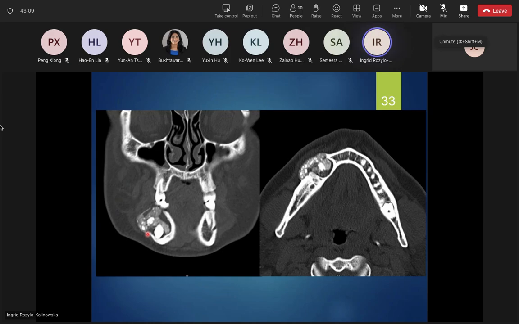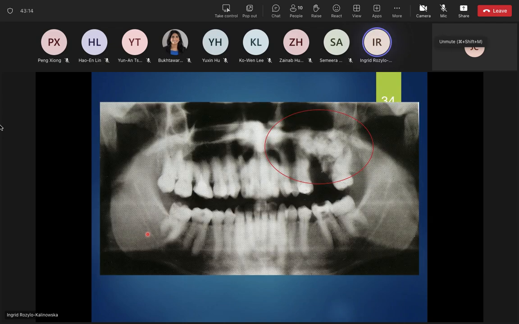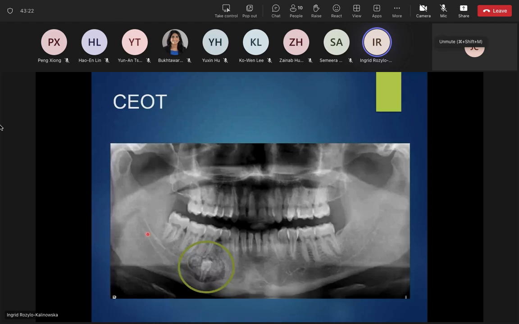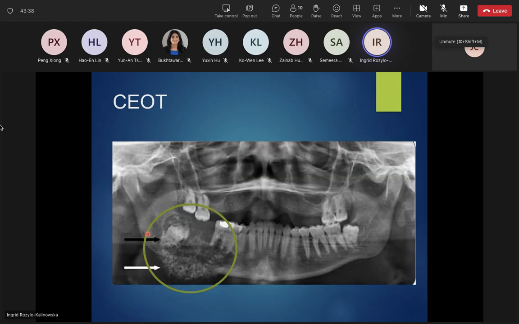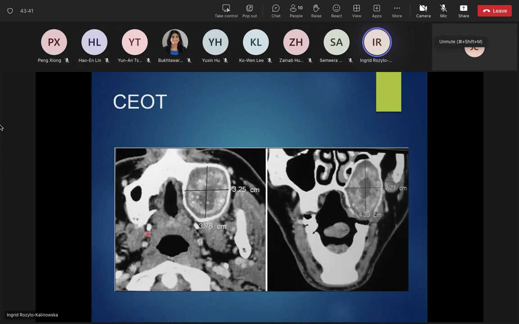Here's another example of calcifying odontogenic tumor, and one more, like in the previous case, related to an impacted premolar. I think that this kind of lesion should be a little bit easier for you to diagnose and differentiate. And also this one, and this is CT, so it also presents the internal calcifications in the tumor.